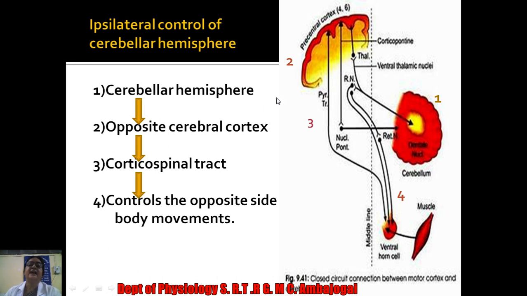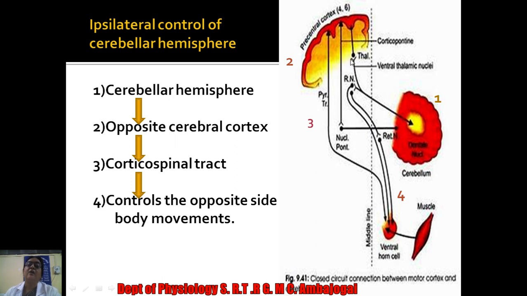In the efferent tract from the cerebellum, first that tract is relayed into the thalamus. But now if you see, from the cerebellum that information is going to which side? Opposite side. Even to the red nucleus, it is going to the opposite side.